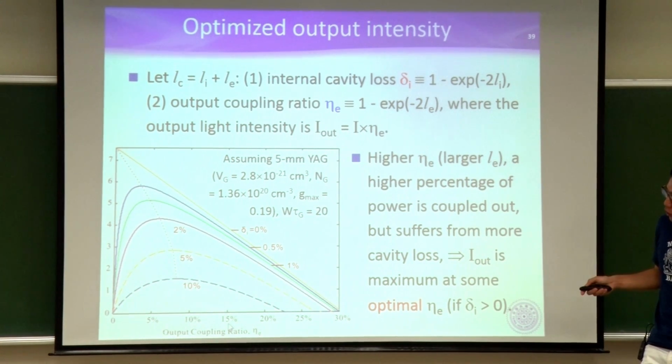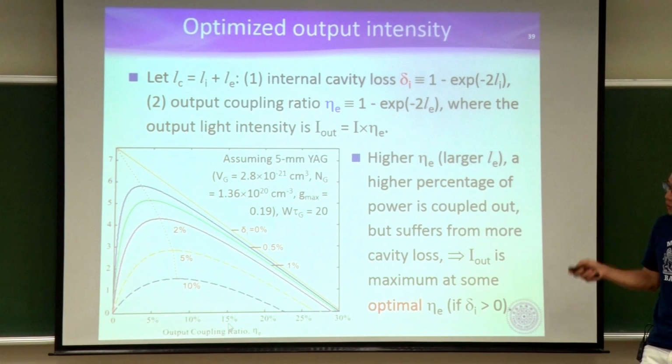That means when you gradually increase your coupling ratio from 0, which is no coupling, all the way to maybe 20-something%, your output light intensity goes from 0 to the peak, then decreases again. The optimal output coupling ratio is somewhere here, maybe about 7.5%.